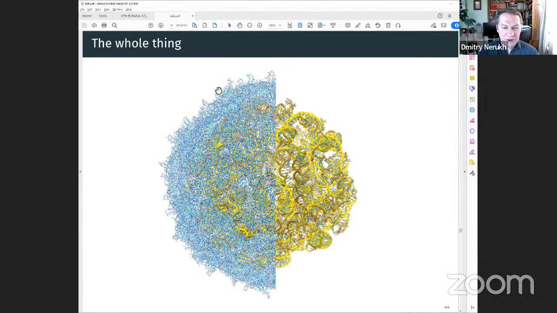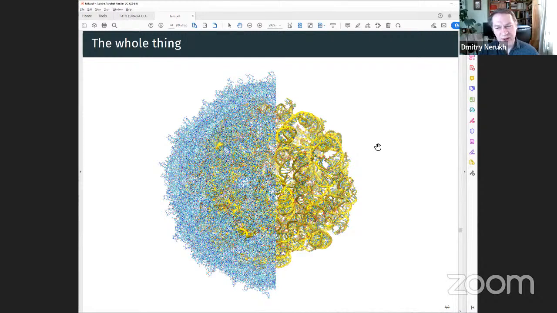This blue shell is the protein capsid of the virus MS2, and these golden double helices are the genome, the RNA. So that's the first time this model is built, and it's complete.